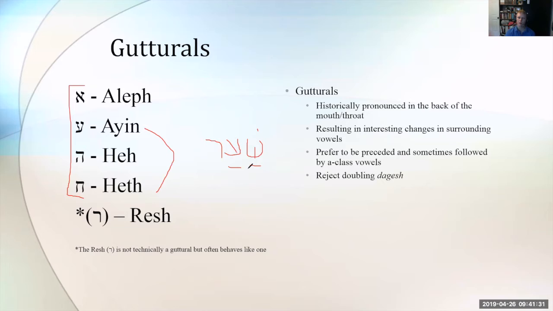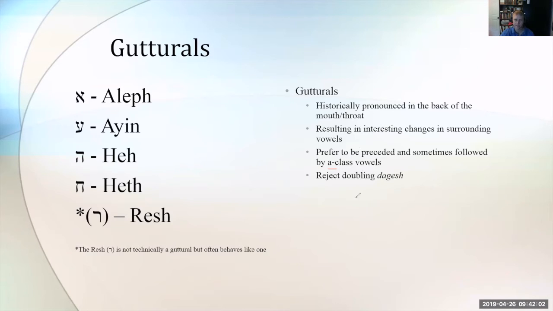It becomes sha'ar. They ultimately will change the vowels around them. They're very picky about their friends. That's the way to think about it. They don't like to be in the presence of certain vowels, and so they will alter the vowels surrounding them sometimes. So that's something we'll have to keep in mind. Nothing to panic about. It's something that I'll bring up as we go along. They prefer to be preceded and sometimes followed by A-class vowels. That's the main thing to remember.